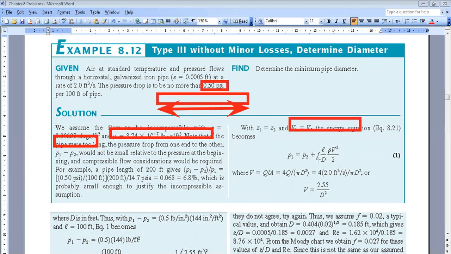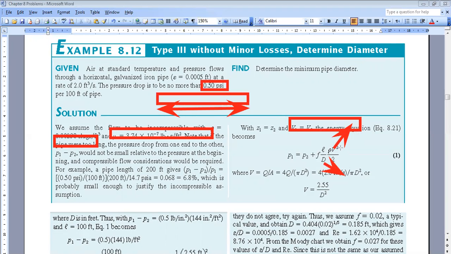When you decrease D, this term will increase. It will increase for two reasons: because you have D here, and at the same time, when you decrease D, V will increase. So the major losses will increase a lot, because the reduction of D for the same flow rate leads to an increase of V, and this gives a very high increase in the major losses.